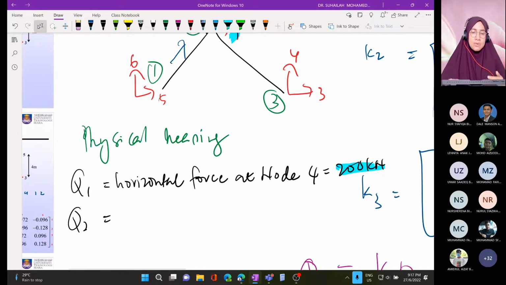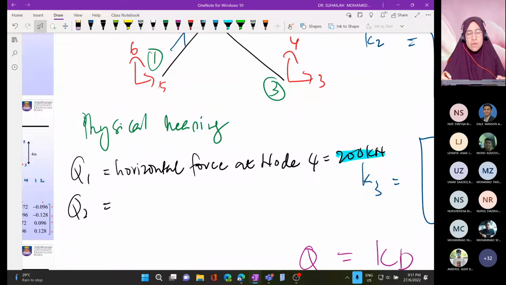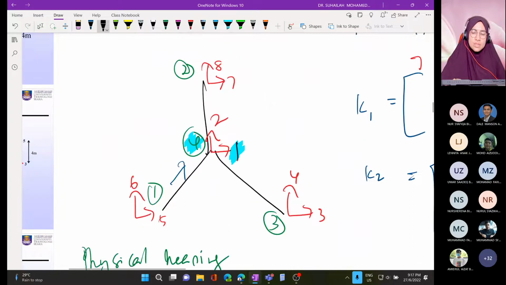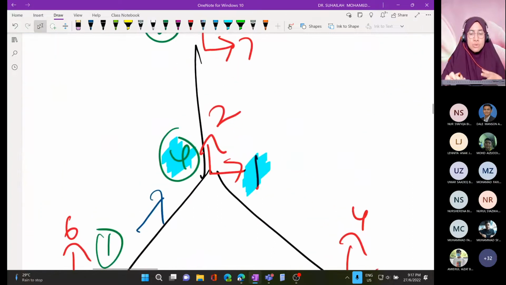Okay, if Q1 is a horizontal force, what is Q2? It is a vertical force at node 4, still at the same node, because 2 refers to the vertical component.